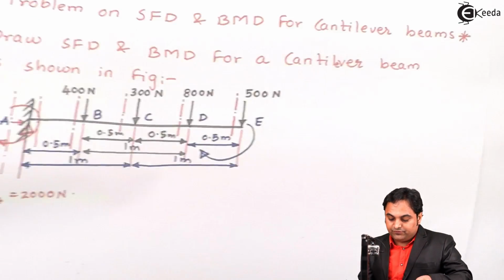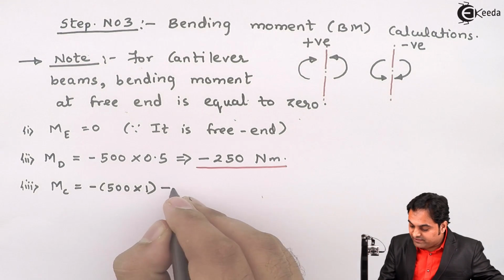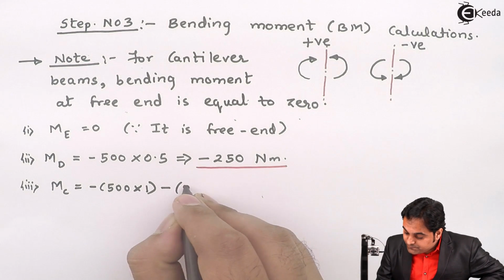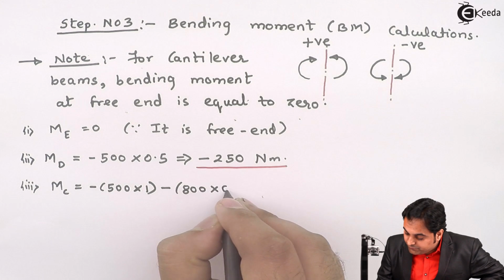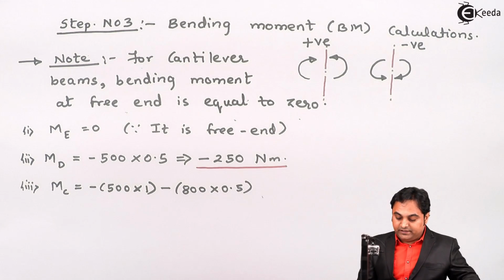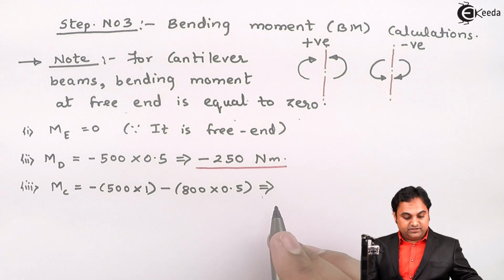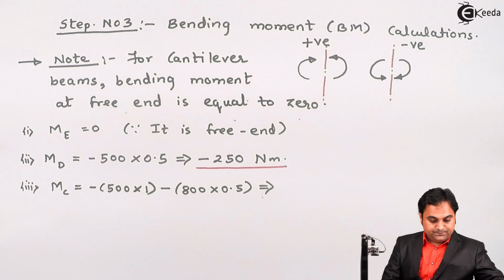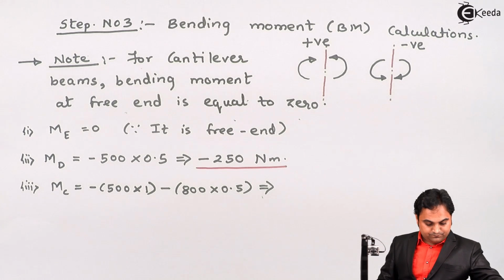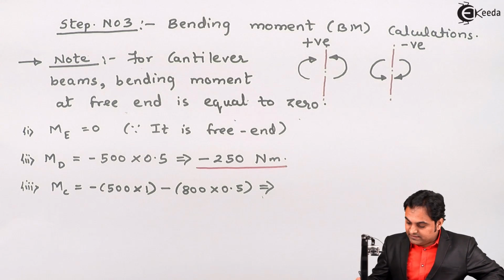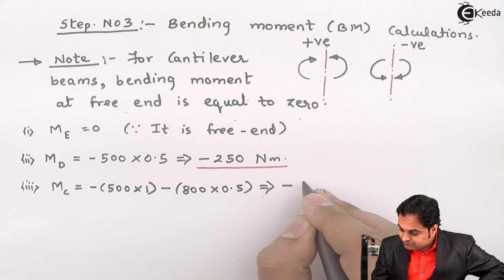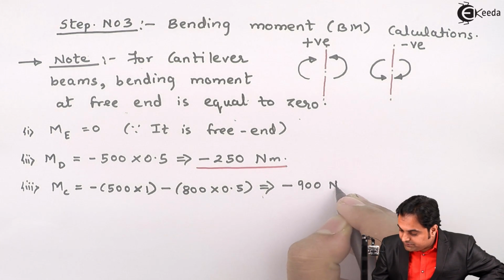So 800 into 0.5, again clockwise, so minus 800 into 0.5. Since on the right hand side of the section, clockwise moment is negative. So this gives me the value as minus 900 Newton meter.